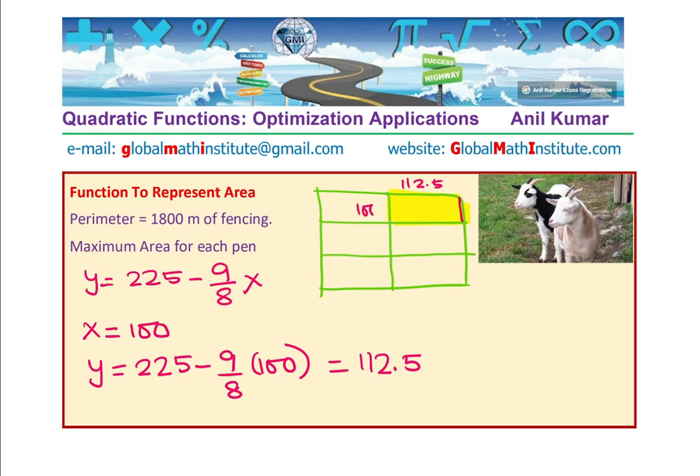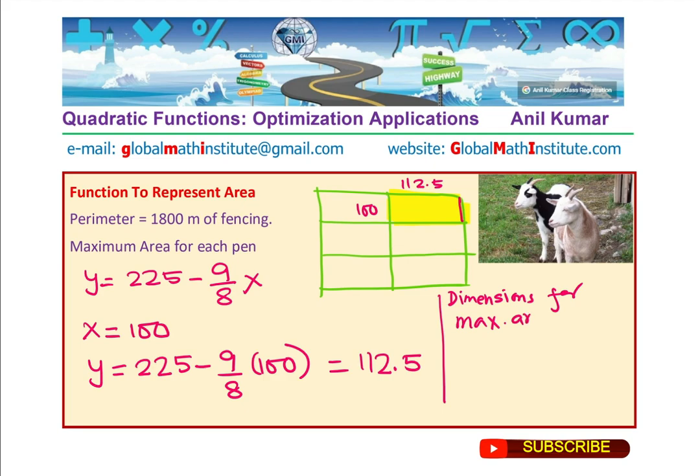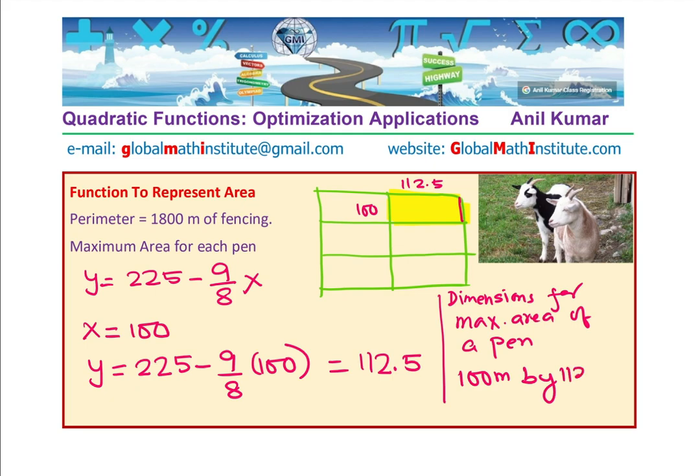So we have our answers for dimensions for maximum area of a pen, one pen, which is 100 meters by 112.5 meters. You get the idea. So that is how we are going to answer this particular question.